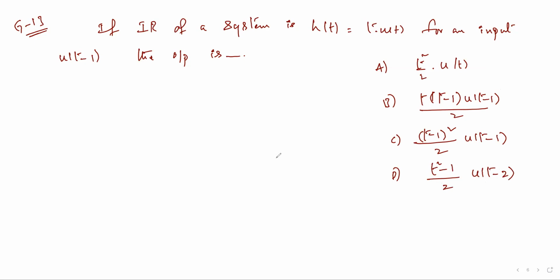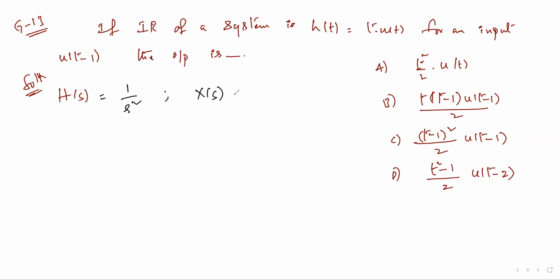So all are in time domain. Better you go to the Laplace transform, S domain, come back. So first H of s how much? H of s is 1 by s square. And input is u of t minus 1.